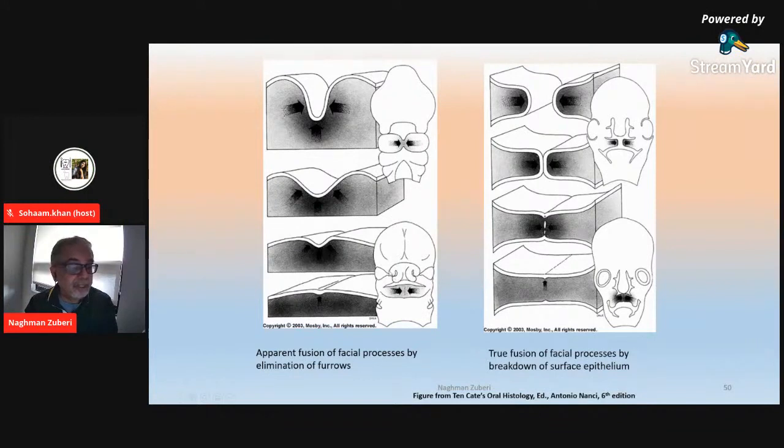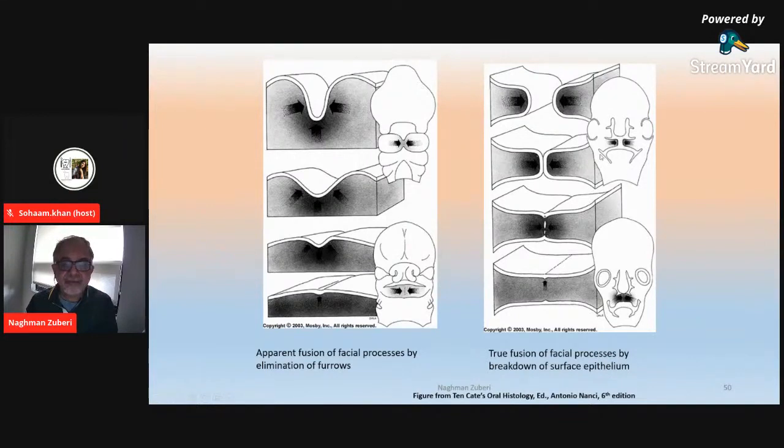The lateral nasal prominence and the medial nasal prominence will join to give the philtrum and the anterior lip, etc. And finally the fusion is going to occur, and we are going to have firstly the anterior premaxilla, and later the secondary palate formation is going to occur.